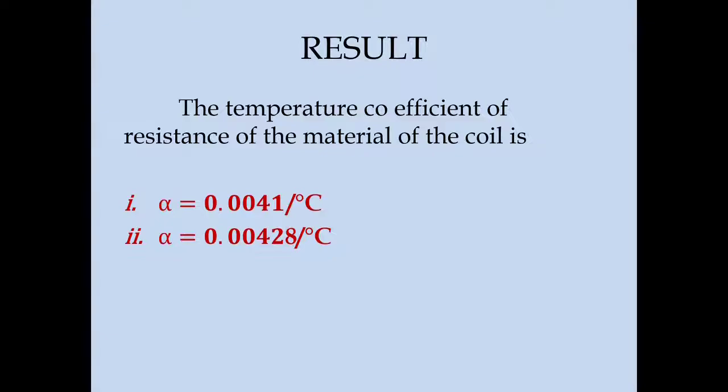By the calculation method, alpha is equal to 0.0041, and by the graphical method it is 0.00428 per degree centigrade, so both the values from the calculation method and the graphical method are similar.